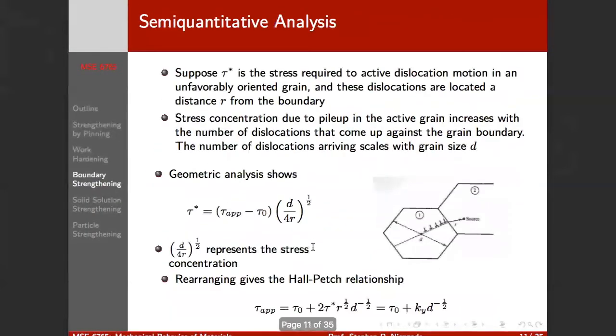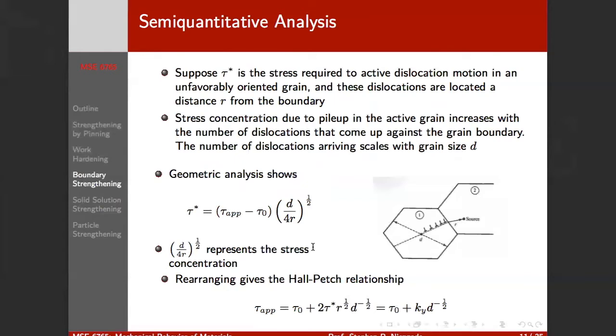grain boundary strengthening. Everyone's familiar with the Hall-Petch effect, but why does grain size affect our yield strength, right? And we can basically have a simple model of a polycrystal, right? And each of these grains has a different orientation, right? Our stress field is not homogeneous, right?